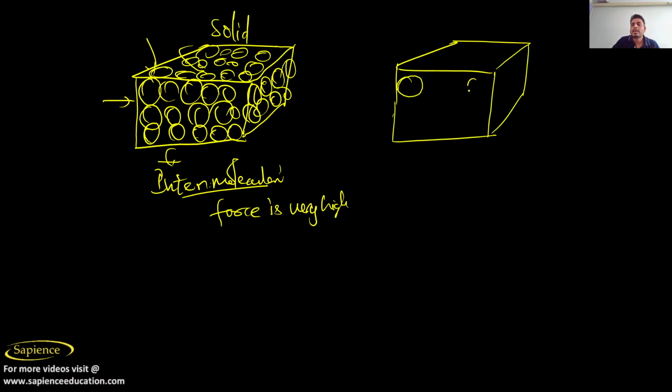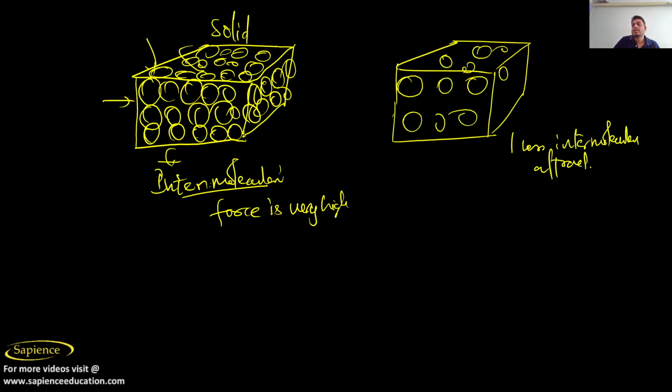The atoms are very far apart like this, so there is less intermolecular attraction. It won't be rigid. It won't have a rigid shape.